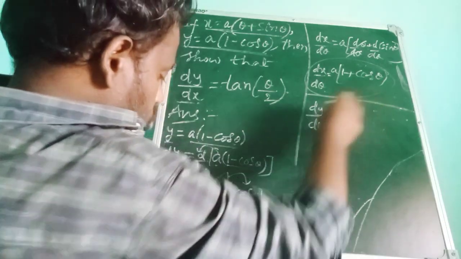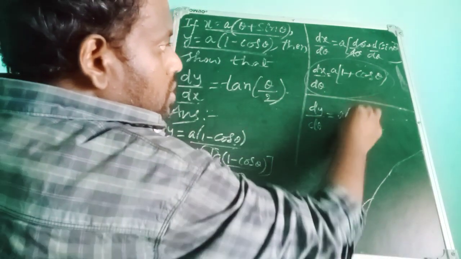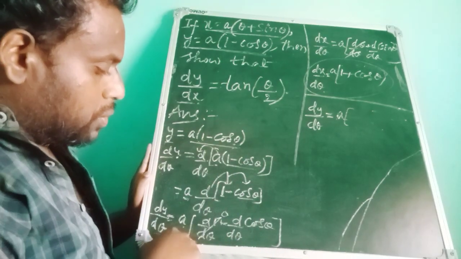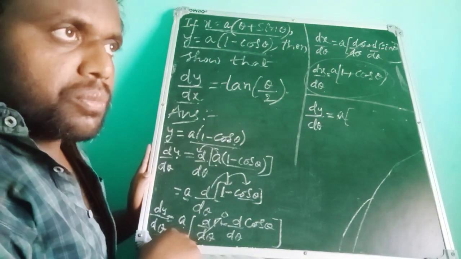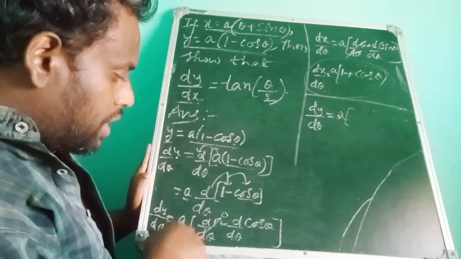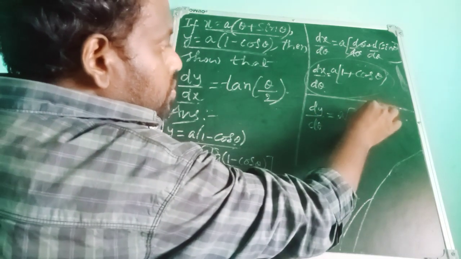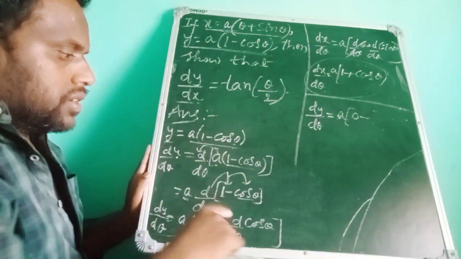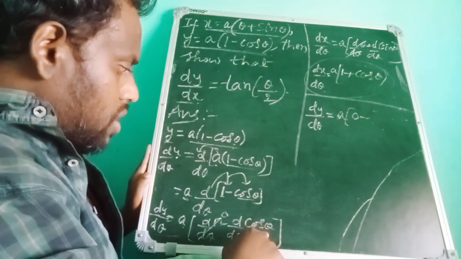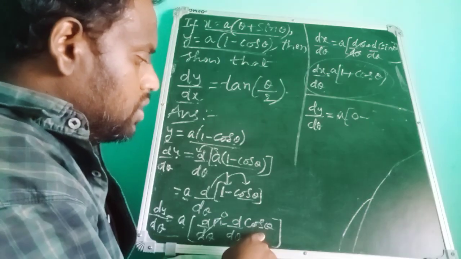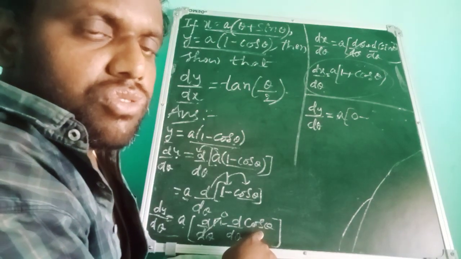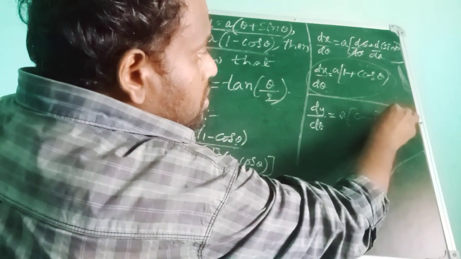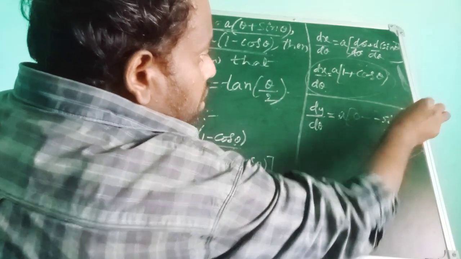So I will write the first bracket, it is important. If you miss the bracket, the answer will become wrong. So be careful, the brackets are also important. So this bracket, this became 0, here minus is there. Next see, d by d theta of cos theta, differentiation of cos theta is minus sin theta.